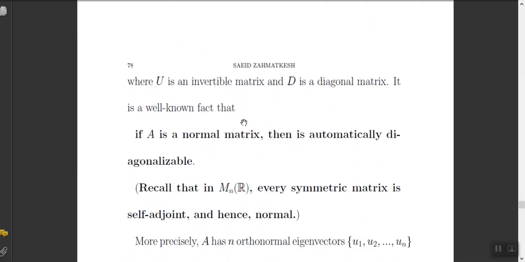Now look here. We have this well-known fact from linear algebra that if A is a normal matrix, then it is automatically diagonalizable.